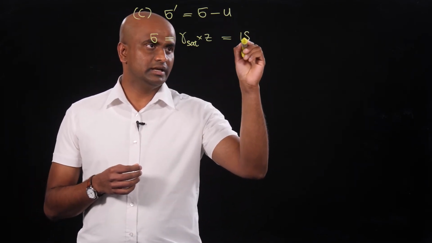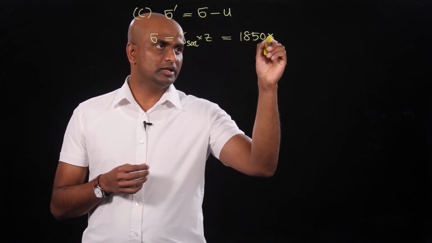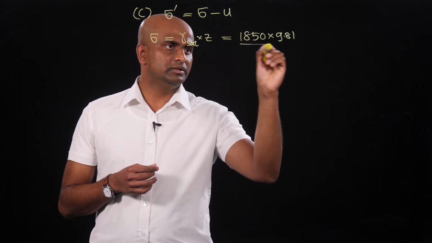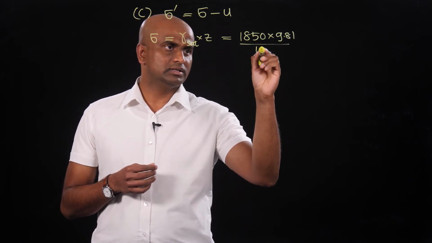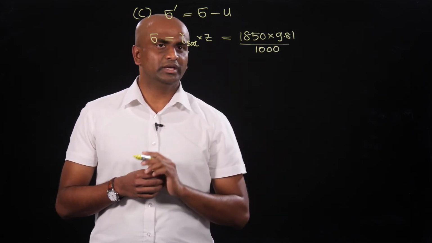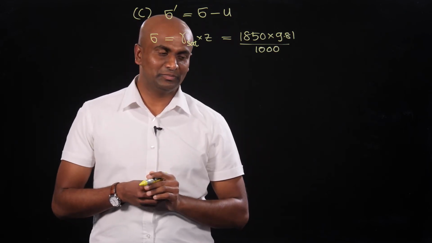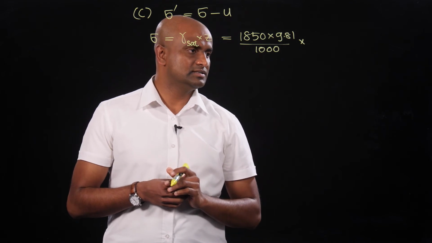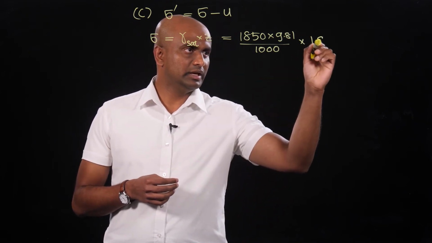The density is 1850, so you need to multiply that by 9.81 and then divide it by 1000 to make it in the units of kilonewton per cubic meter, and multiply by Z. So Z is our 1.88.